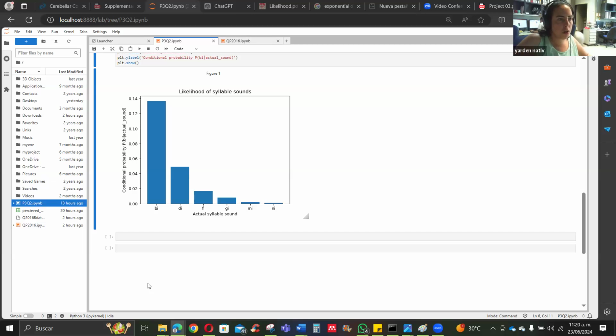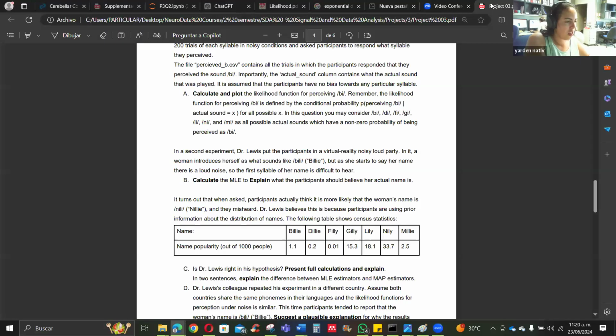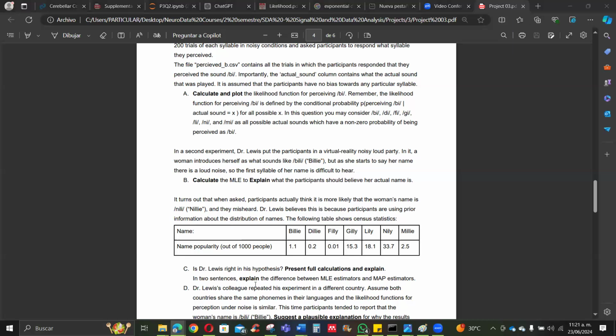I check now while we're talking. I'll just double check it, but yes, the idea behind the MLE is that this is the most likely sound. Okay, thank you.